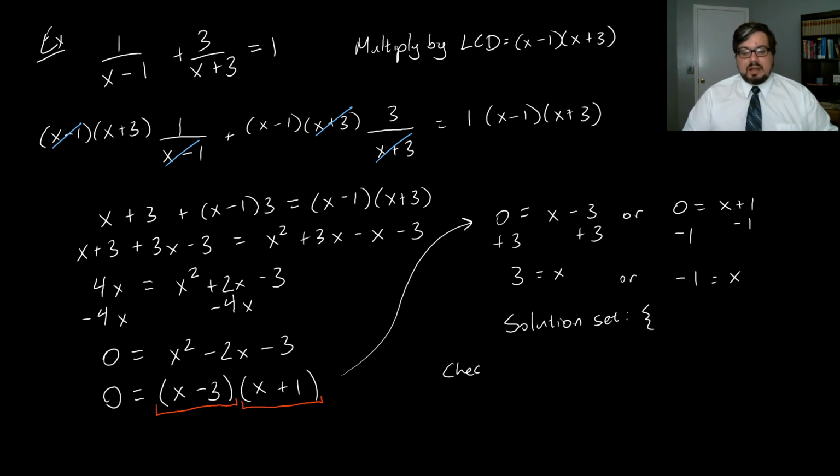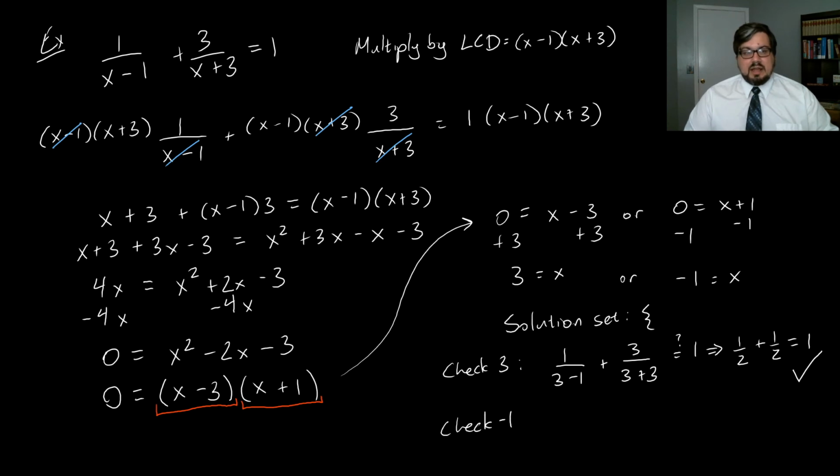So if we check 3, then we get 1 over 3 minus 1 plus 3 over 3 plus 3 equals 1. And we want to know if that's true, so we might put a question mark over the equal sign. And that will simplify to 1/2 plus 3 over 6 is 1/2, and 1/2 plus 1/2 does in fact equal 1, so that checks out.